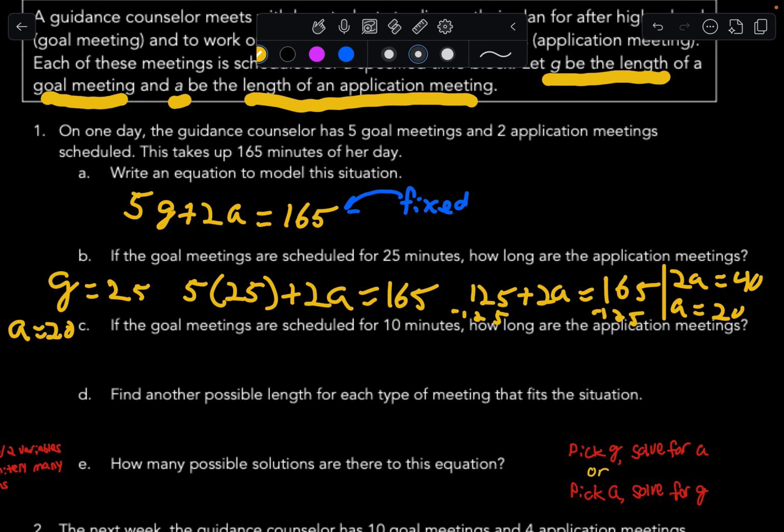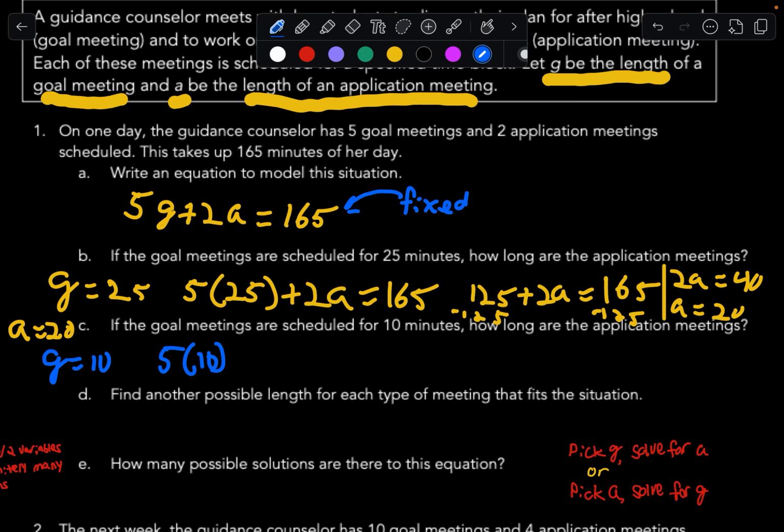Now they say, what happens if the goal meetings are scheduled for 10 minutes? How long are the application meetings? So now they're saying do this again, but now G equals 10. It's the same exact process. Now it will be 5 times 10 plus 2A equals 165. So that's 50 plus 2A equals 165.